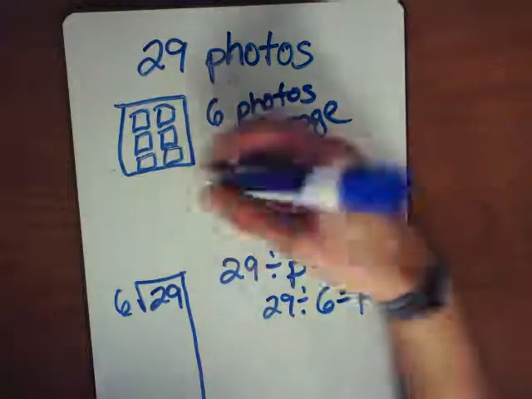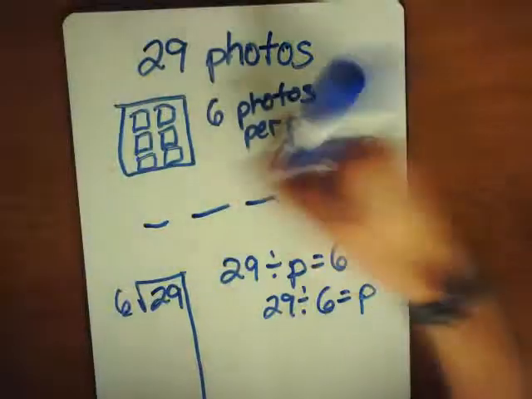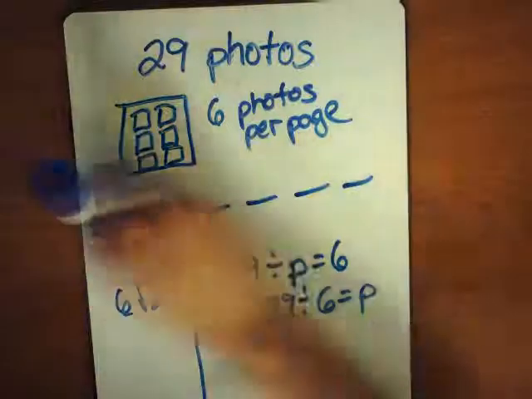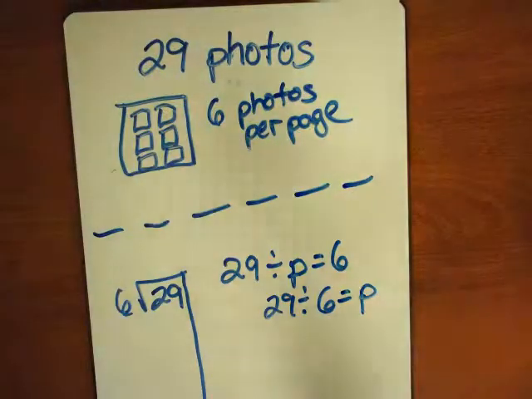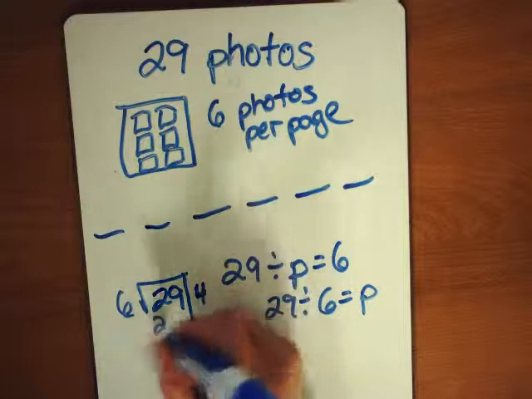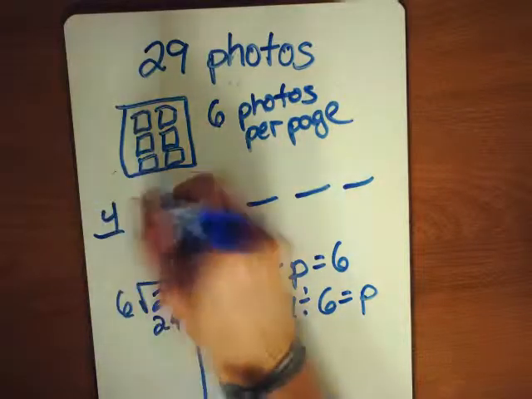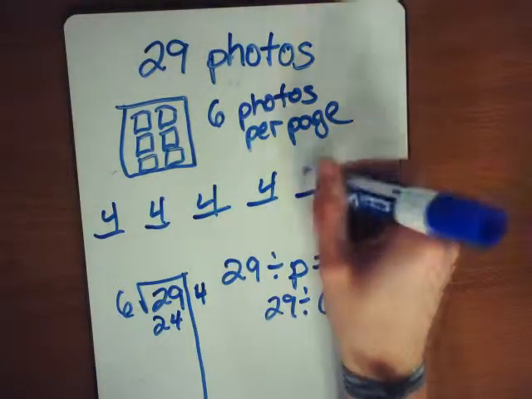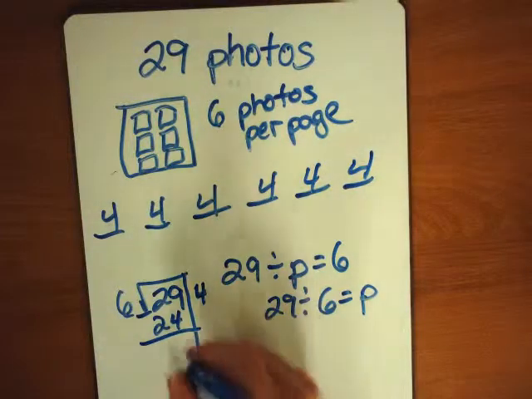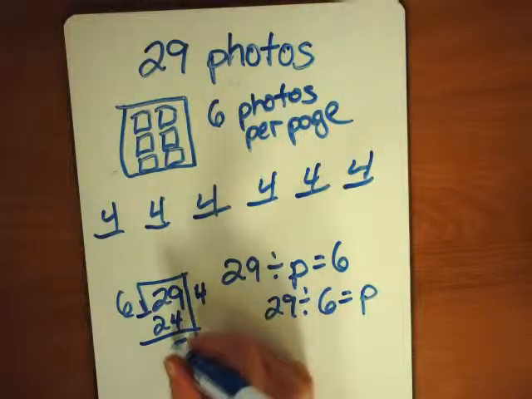Okay, so I've got 6 groups: 1, 2, 3, 4, 5, 6. Okay, I know that I can give 4. 6 times 4 is 24. I can put 4 in each group. I've got 5 left over, right?